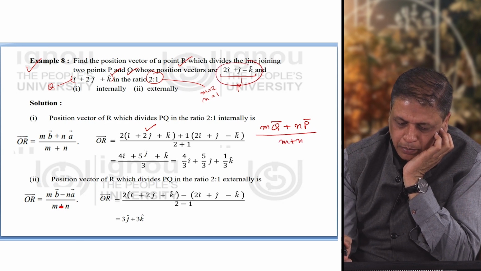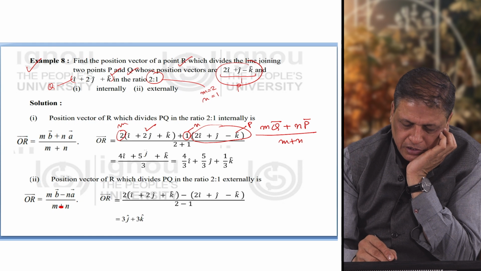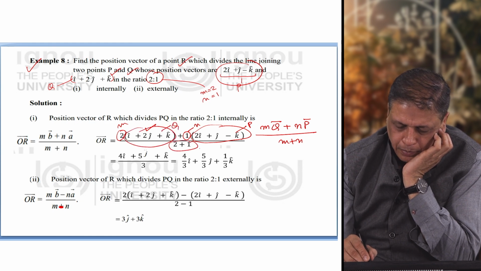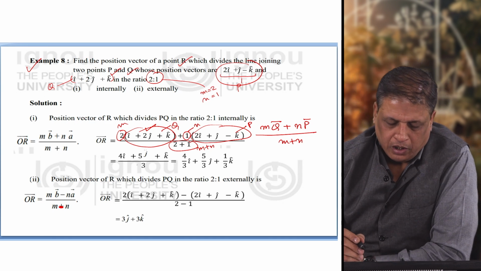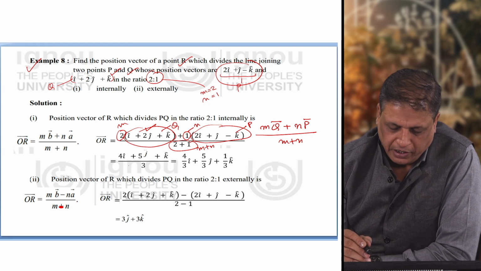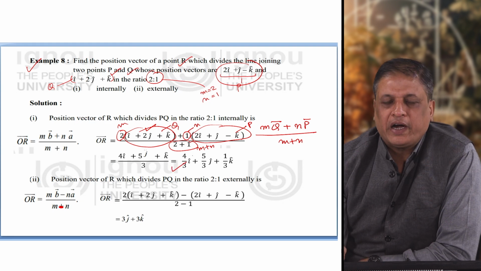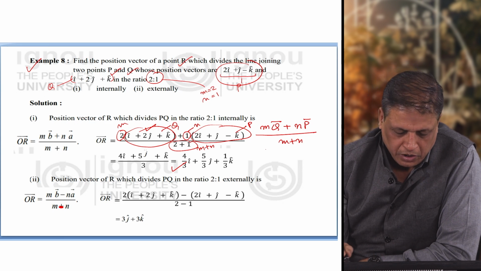P is 2i plus j plus k, n is equal to 1, m is equal to 2 and this is Q, upon m plus n. Solving by adding the i component, j component, k component separately, you will get the vector 4 by 3 i plus 5 by 3 j plus 1 by 3 k.